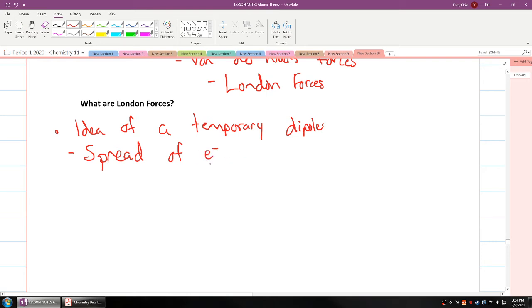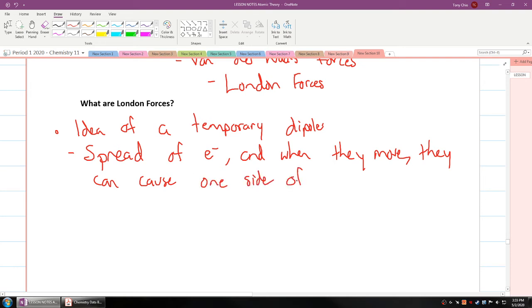And when these electrons move, they can cause one side of the atom to be charged temporarily. And this is what we call London forces.